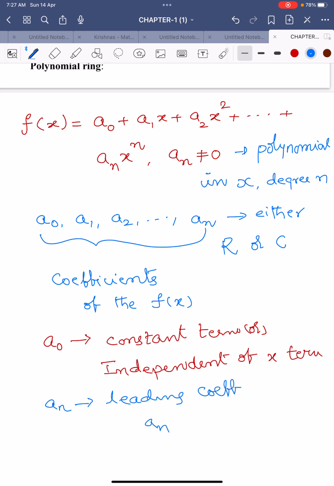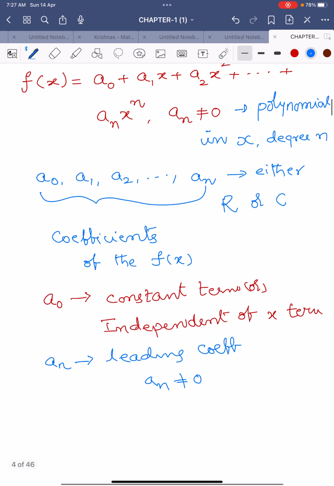This an must be not equal to 0, because if an is equal to 0, then the degree of the polynomial differs. So remember that. And also remember that here we said the degree of the polynomial is n.